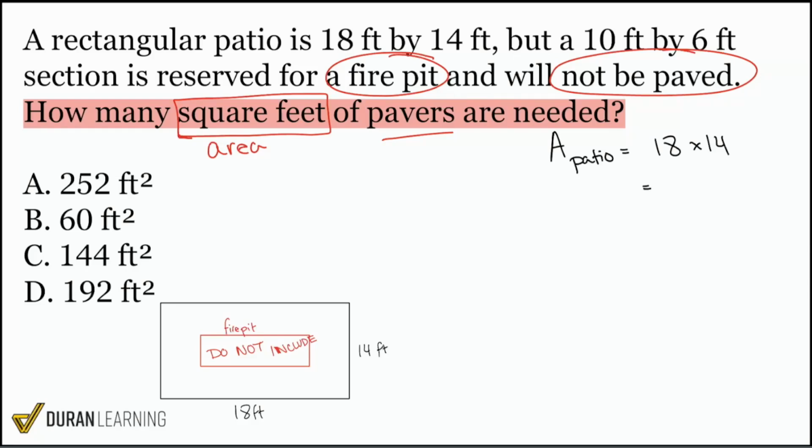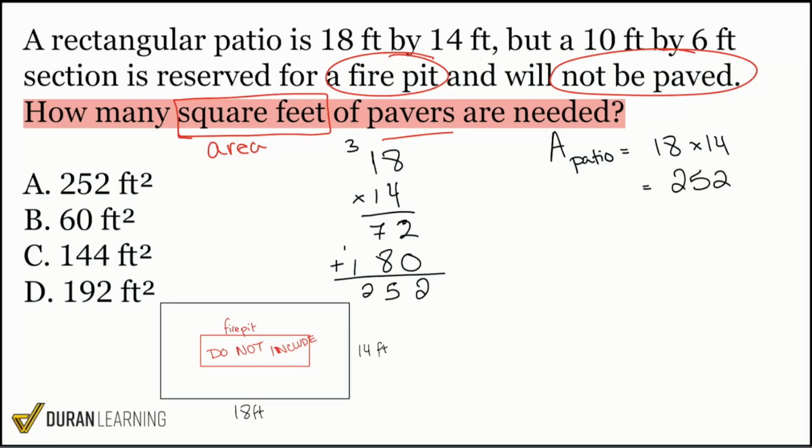But I'll double check just in case. 18 times 14. 8 times 4 is 32. Then 1 times 4 is 4, carry the 3 is 7. Next, 8 times 1, 1 times 8, add these together, and then we have 2, 5, and 2. So yes, 252 it was. So we have 252 for the area of the patio.